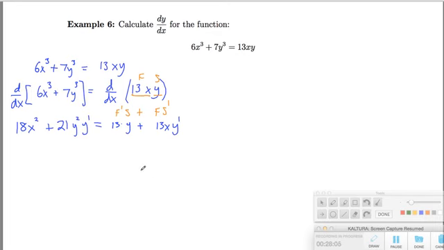So what we should do is put all the y primes on the same side and get all the stuff that doesn't have a y prime on the other side. So we've got 21y squared y prime. Now I'm going to move the 18x squared over, so this will be a minus 18x squared.